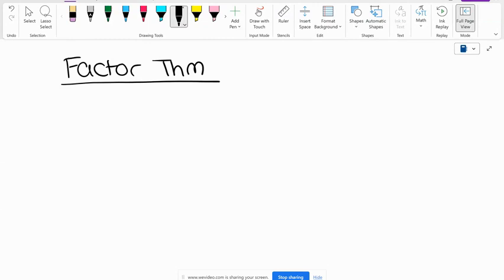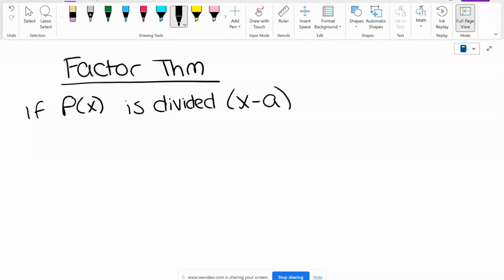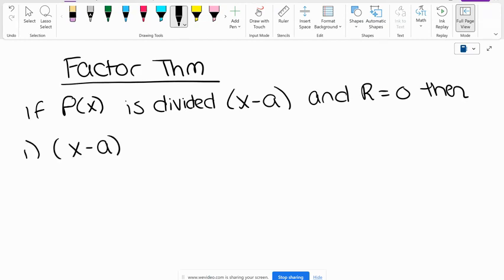And the factor theorem tells us if we have some function p of x and it is divided by the quantity of x minus a and the remainder is equal to 0, then we can conclude a whole bunch of things. The first thing we can conclude is that x minus a is a factor of p of x.